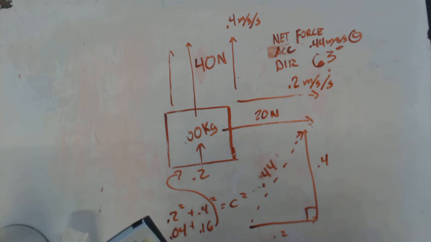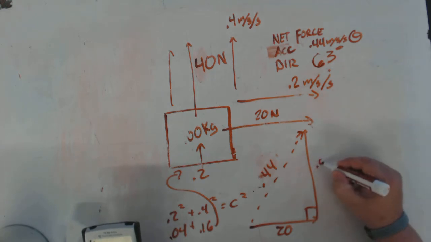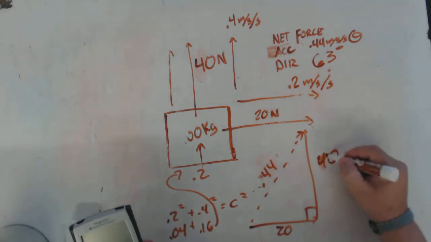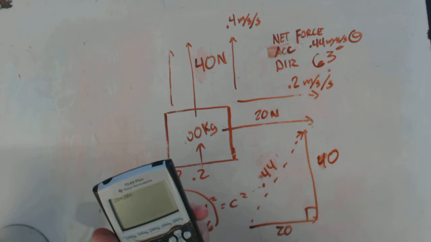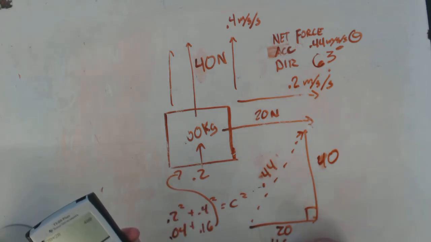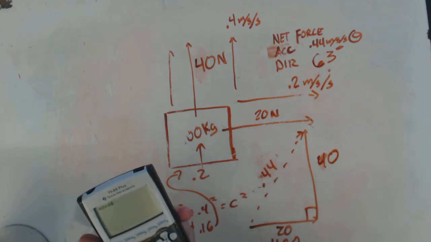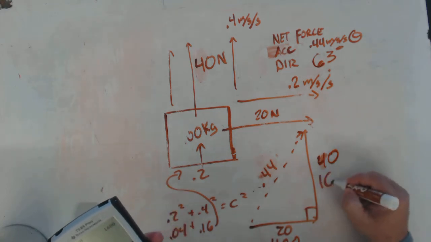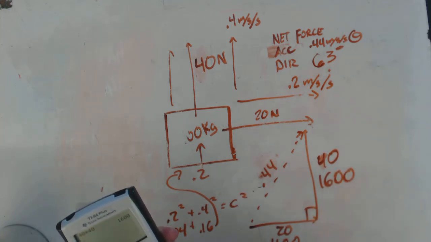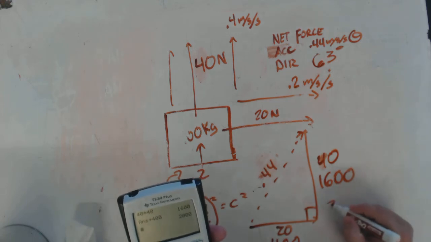Now, the net force is going to be done exactly the same way. I got 20 and 40, so instead of this being 0.2, this is going to be 20. Instead of this being 0.4, this is going to be 40. So 20 times 20 is going to be 400. And then 40 times 40 is going to give me 1,600. Add those two together, and I end up getting 2,000.